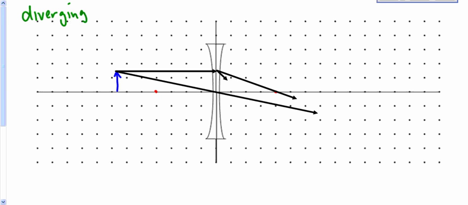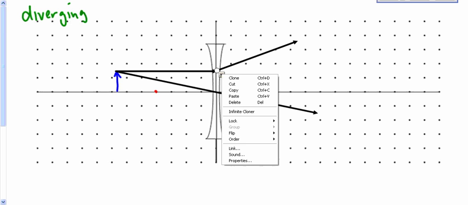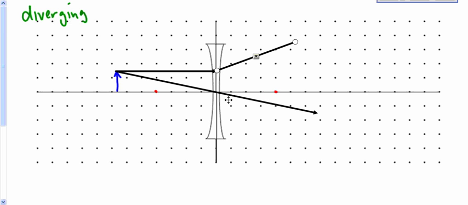But rays don't converge, they diverge. So I better do this a little more accurately. I want to trace this backwards because this ray, when it passes through, is diverging so that it traces backwards through the focal point. So there's my ray. It's a diverging ray.